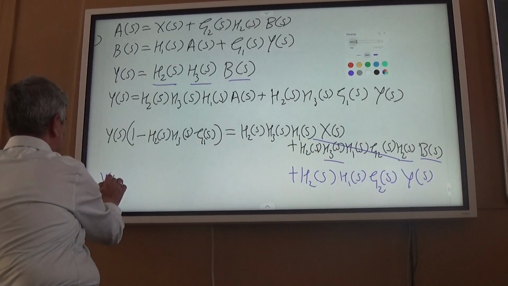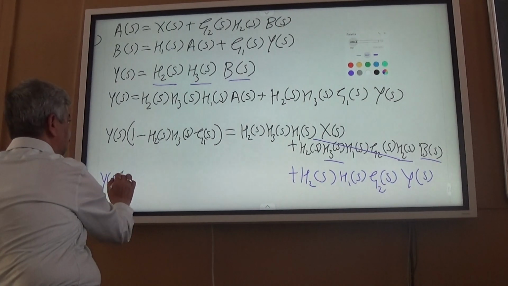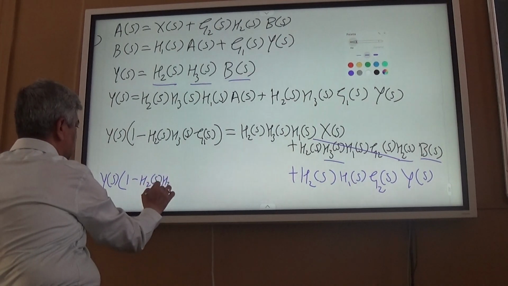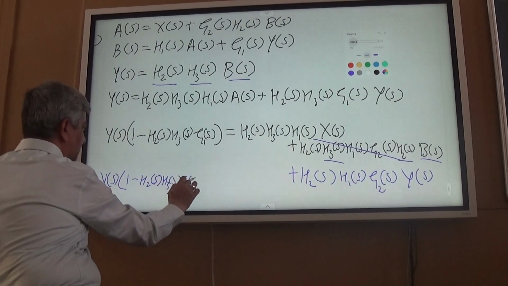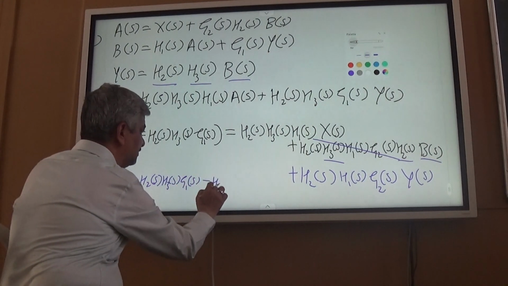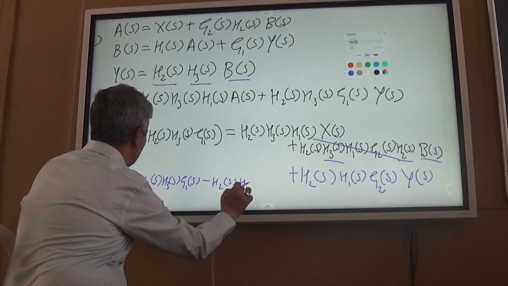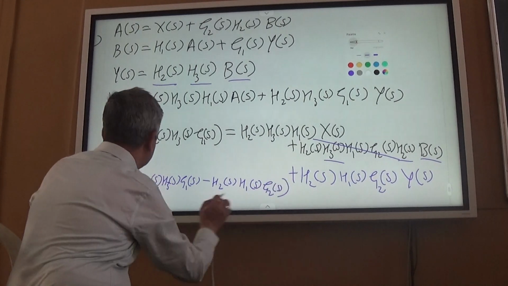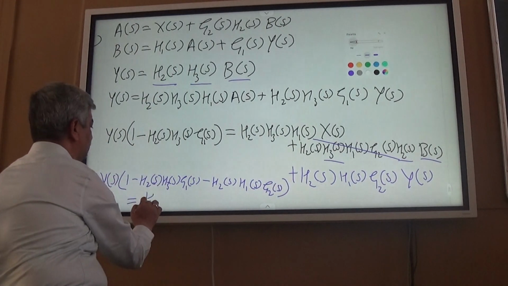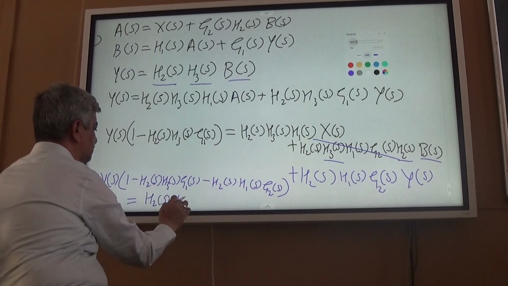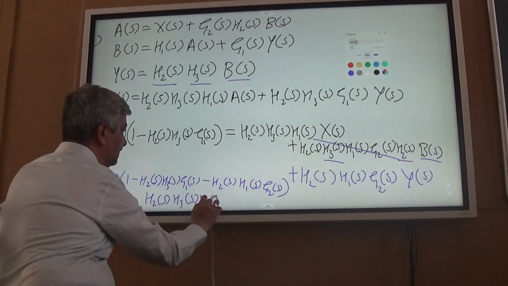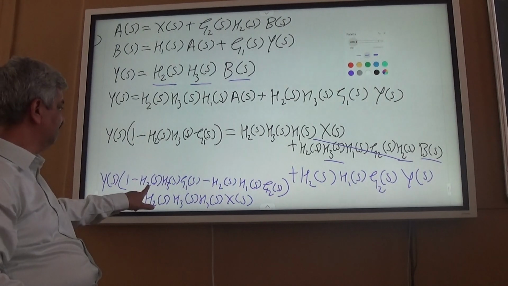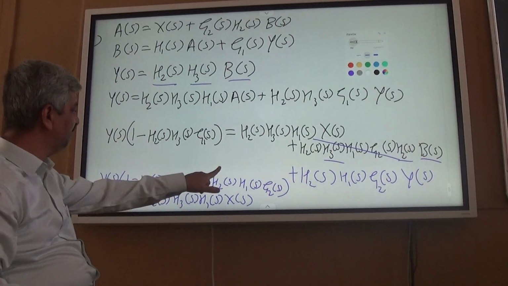So Y(s) into bracket 1 minus H2(s) H3(s) G1(s) minus H2(s) H1(s) G2(s) is equal to H2(s) H3(s) H1(s) X(s). So H2 is common and in the bracket H3 G1 plus H1 G2.